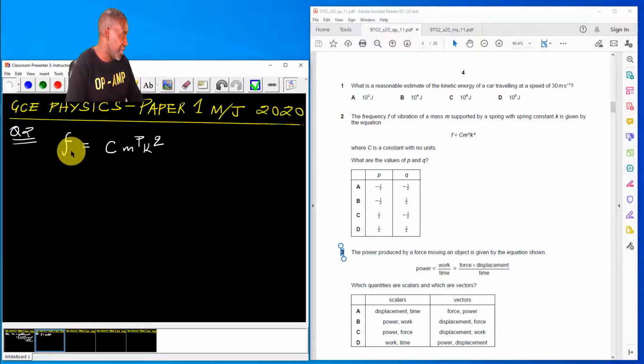So the unit on the left hand side is the Hertz, which is also expressed as per second. The unit of mass is kilogram, and that kilogram is raised to power P. The unit of the spring constant is Newton per meter. Everything here is raised to power Q.